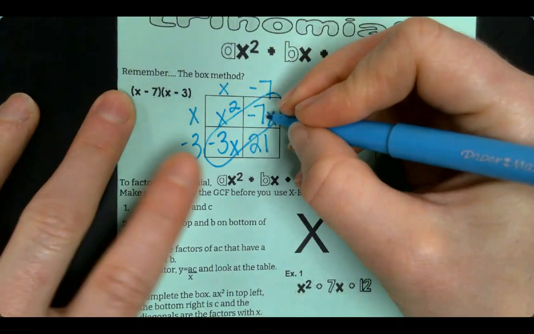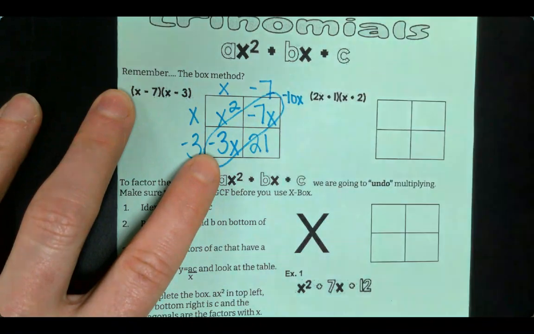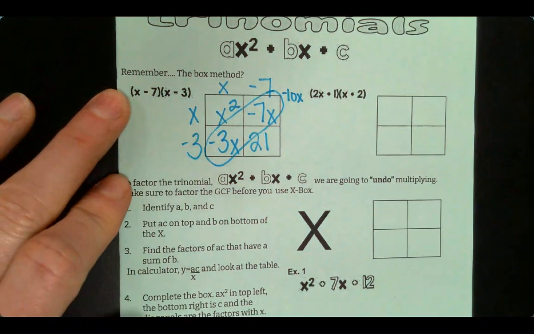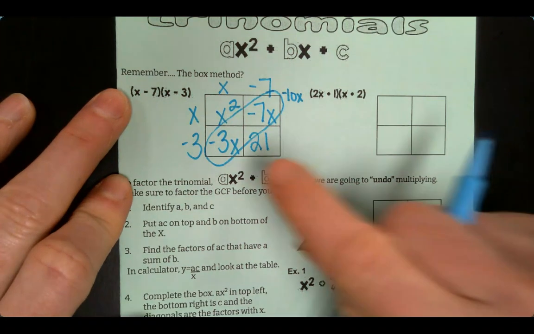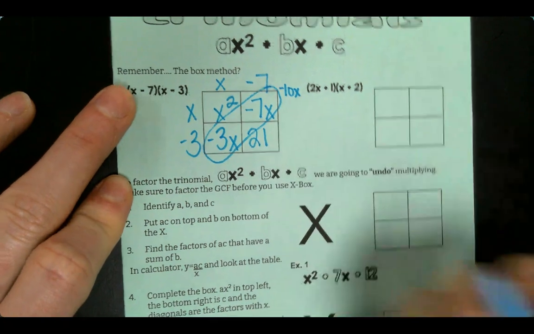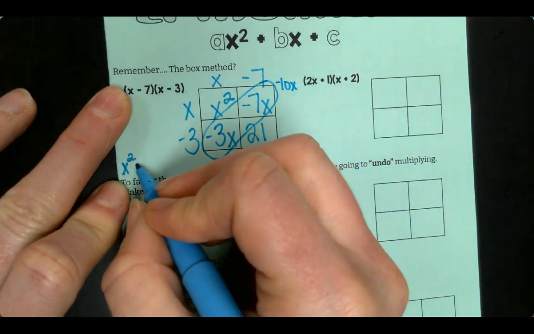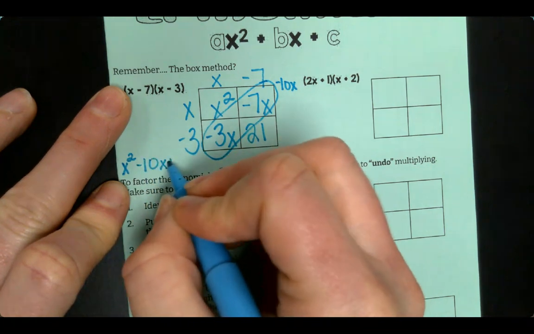So we have negative 7x and negative 3x, which is negative 10x. So when I simplify it, I don't write these out. I just write this because it's simplified. So the answer, whenever you multiply these, is x squared minus 10x plus 21.